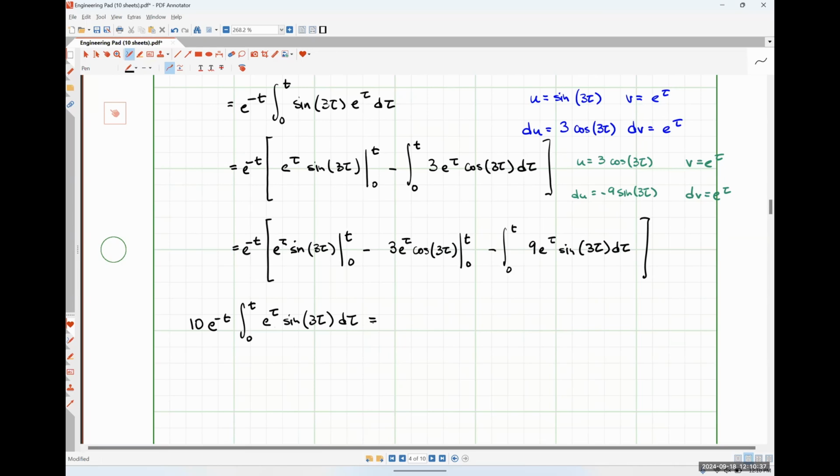So all I did was move this over to the left-hand side and add it to the other integral from 0 to t of e to the tau, blah, blah, blah.